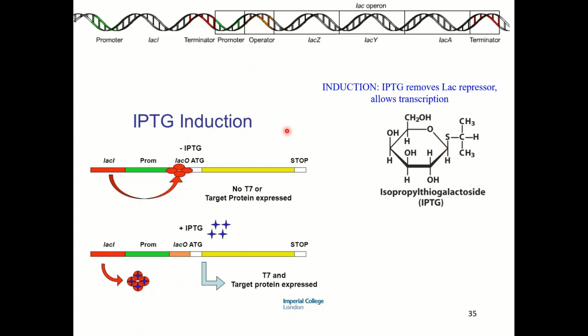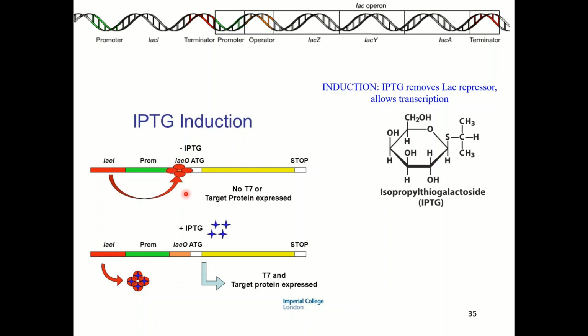Without IPTG, you have LAC-I binding the operator, blocking the promoter, so this yellow part, the T7 promoter, excuse me, would not be accessible when this is bound.